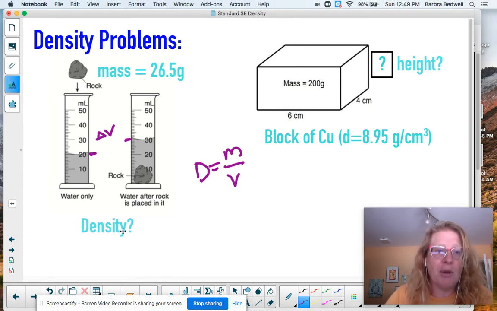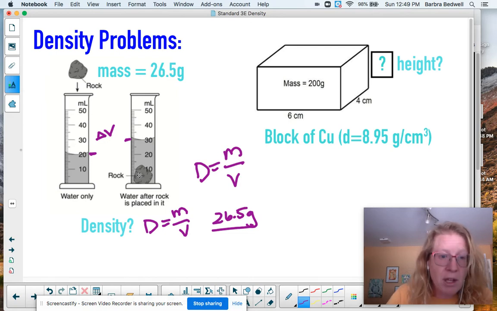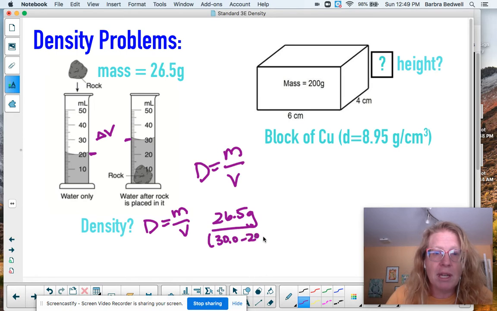So in this case, if I knew what my mass was, I'd do this. Density equals mass divided by volume. I know the mass of my rock, so I'm going to plug that into my top spot, 26.5 grams. I now know the volume of my rock because it's the change. This is 30.0 minus 20.0. You notice how I'm using sig figs in here. And then I can calculate what my volume is.